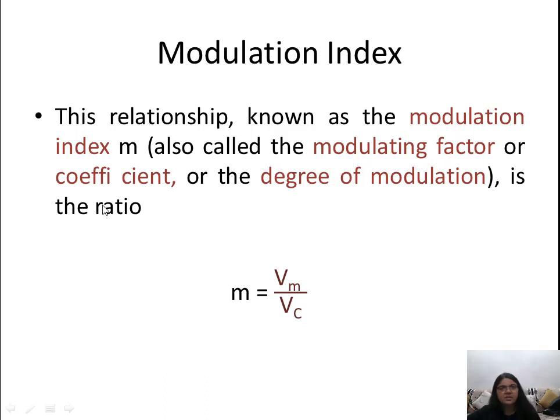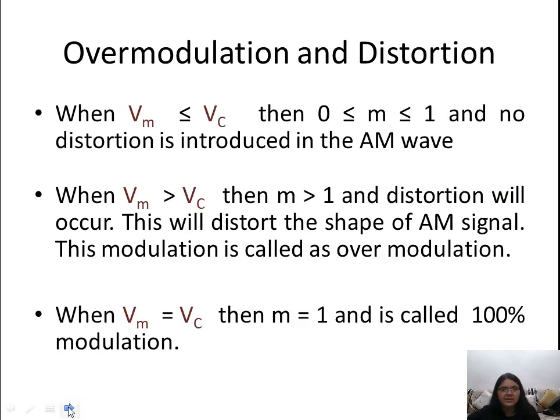While Vm is less than or equal to Vc, that is, the modulating signal voltage is less than Vc, the value of the modulation index is less than 1, and there is no distortion in the AM wave.